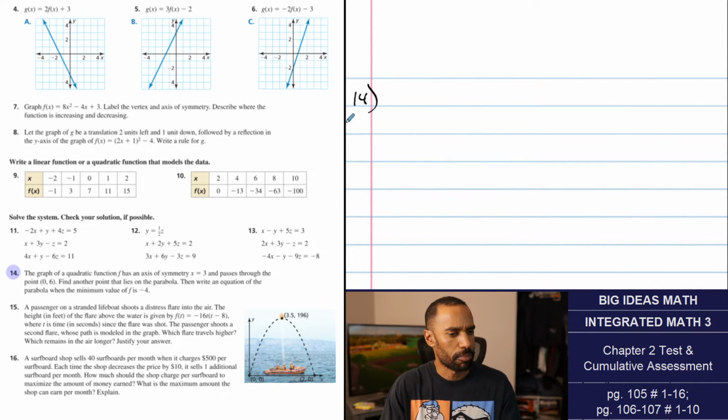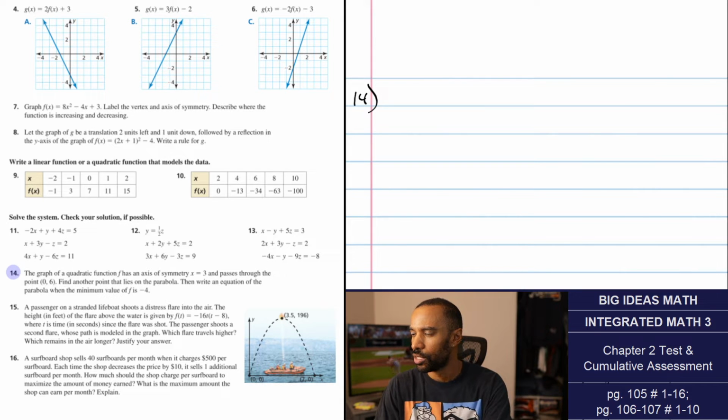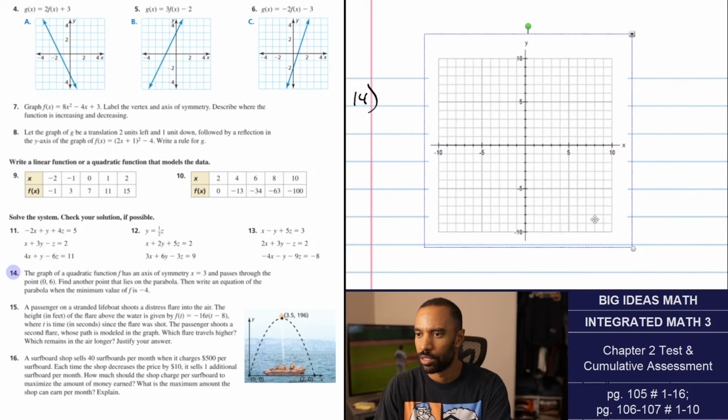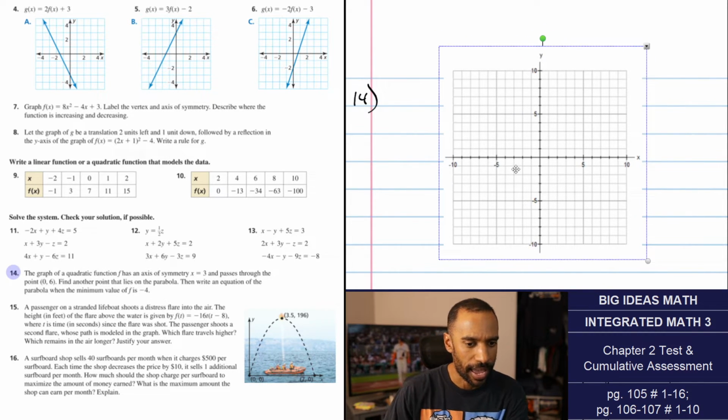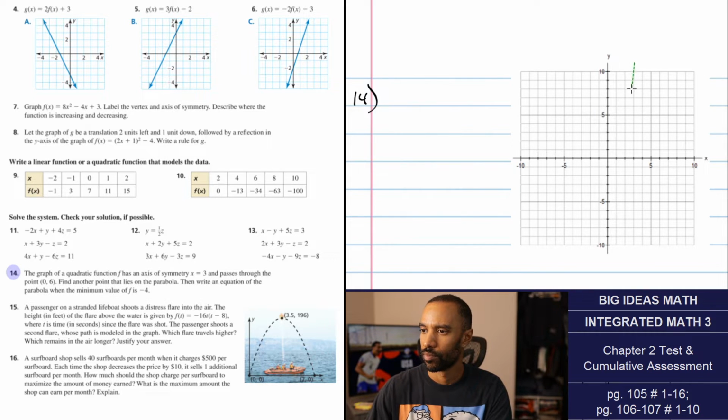This is an exploration problem. The graph of a quadratic function has an axis of symmetry at x equals 3. So we got that.